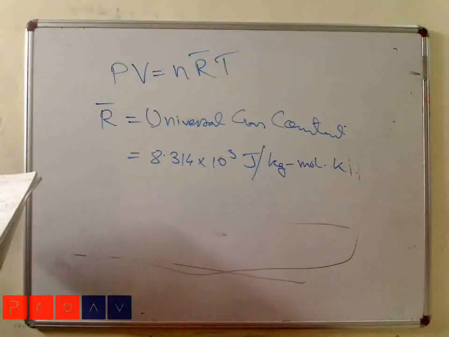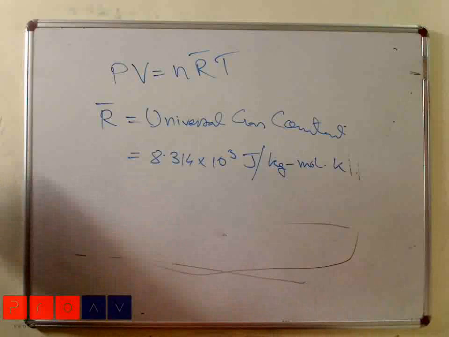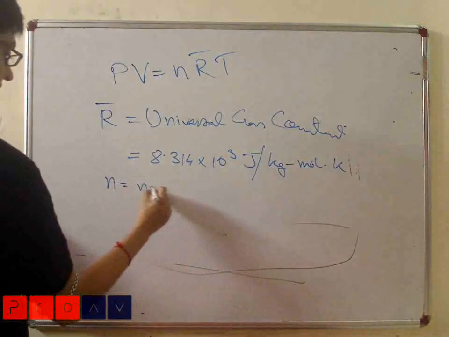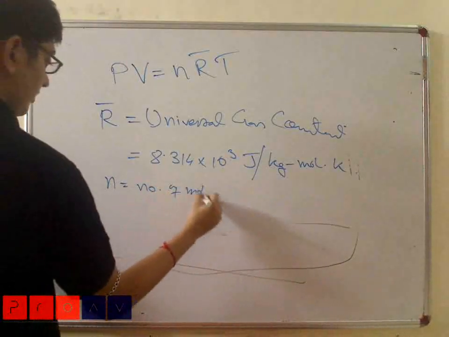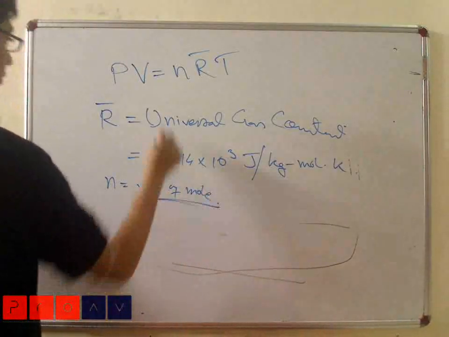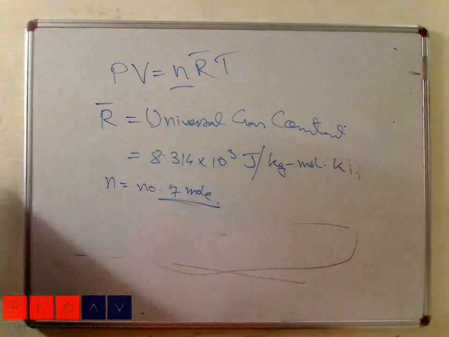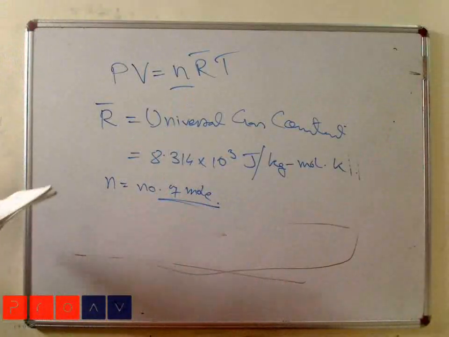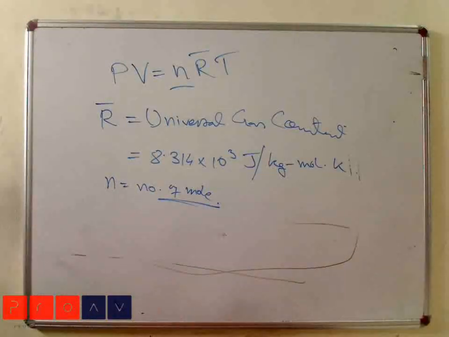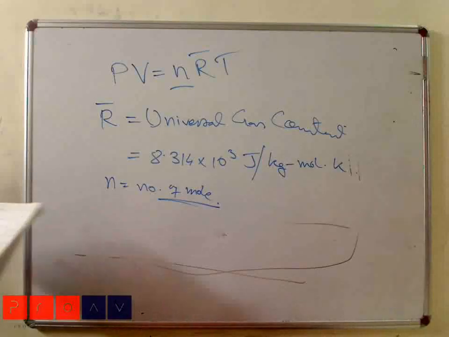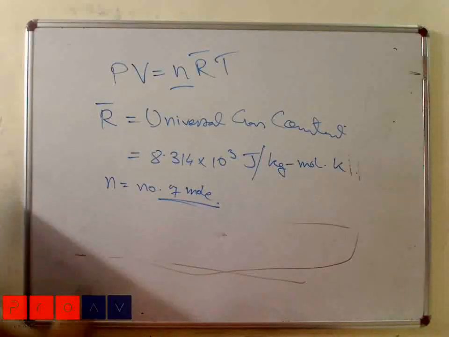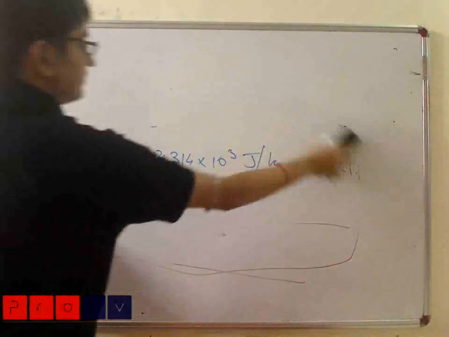n is the number of moles. But we are always interested in the form of mass. That's why we converted this equation to PV is equal to mRT.